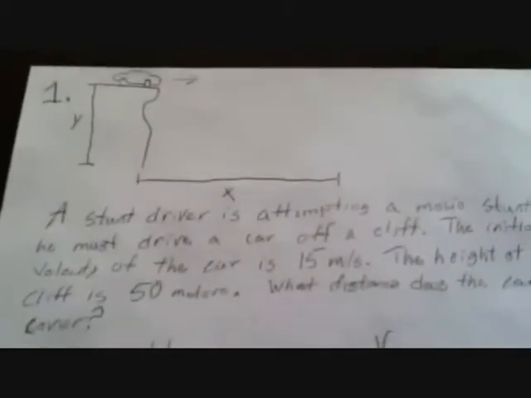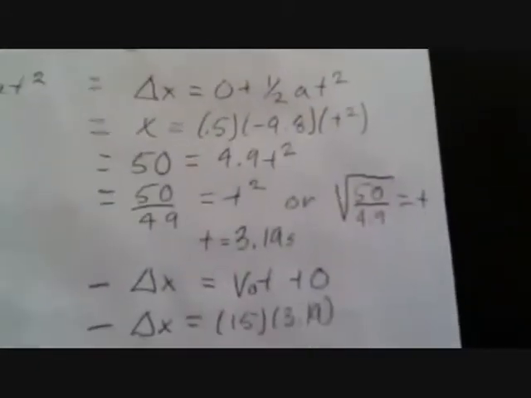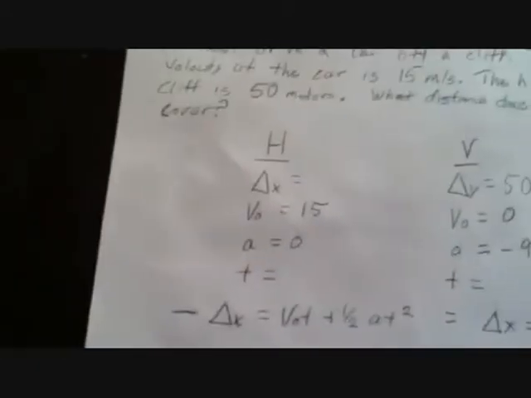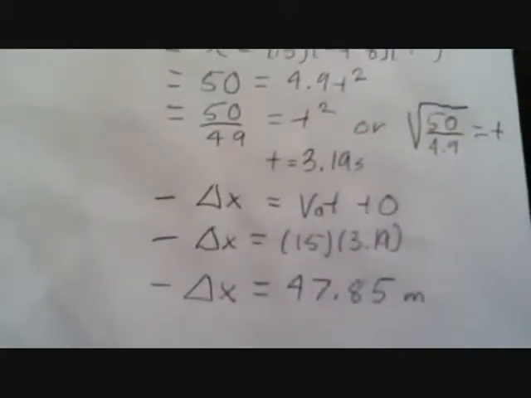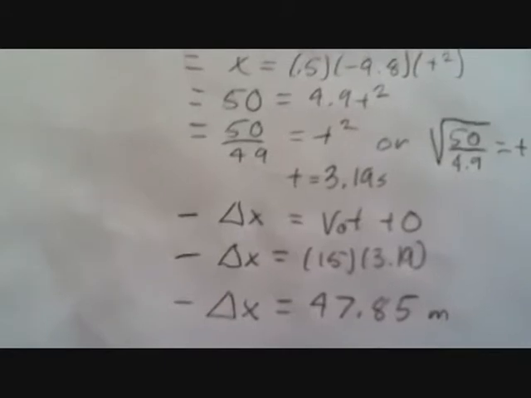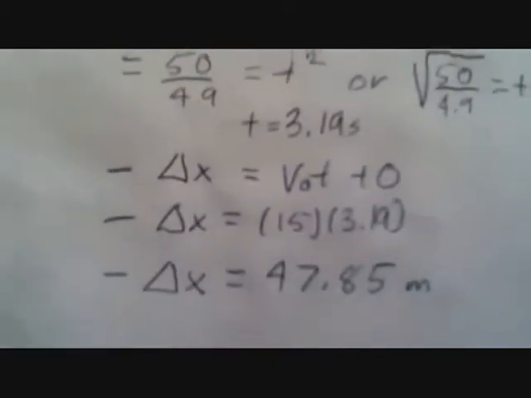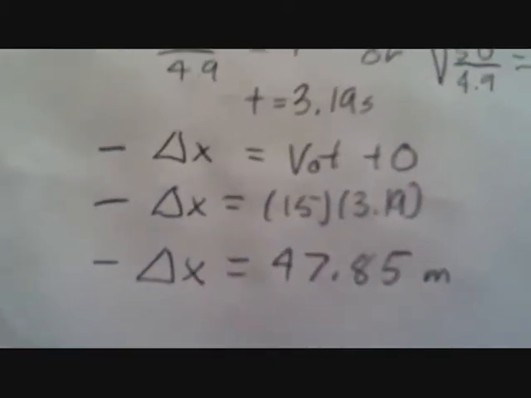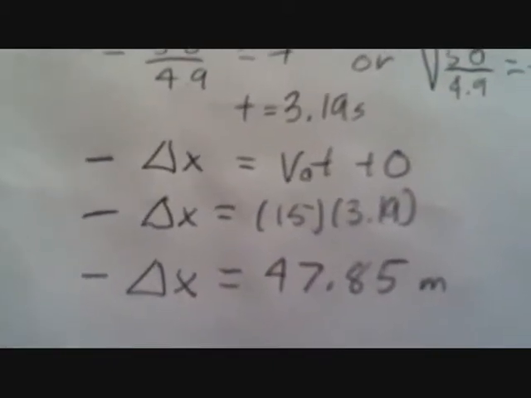Now, the cool thing about these problems, since they're all just one exact trajectory, is that the times can be equal. So you can use this time for the horizontal time. Now, for the horizontal side, use the same equation, delta x equals v0t plus 1/2 at squared, which you can use because since acceleration is equal to 0, it would turn that whole side of the equation into 0, which would give us delta x equals just v0t.